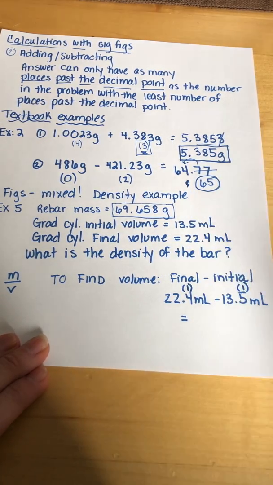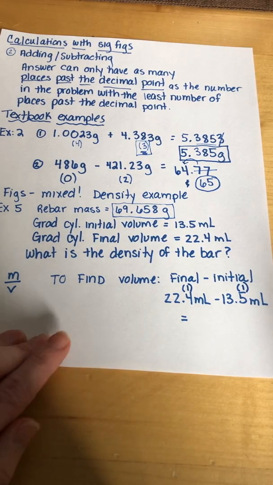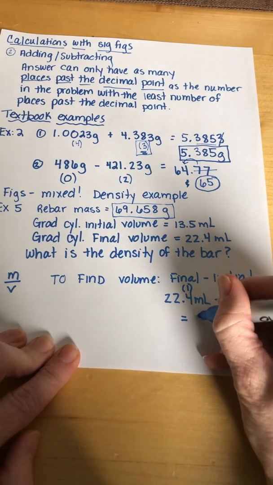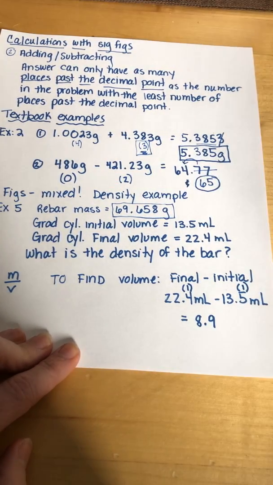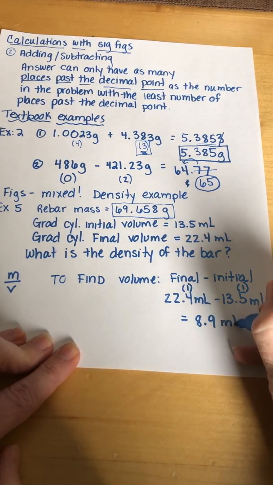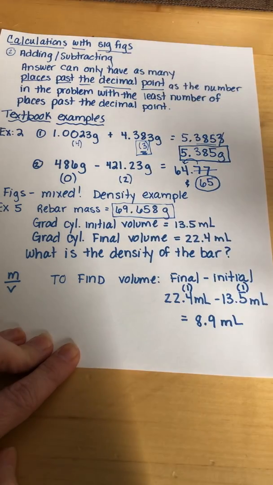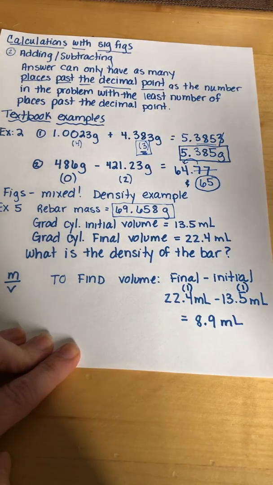This has one place past the decimal point, so my answer can only have one place past the decimal point. What's kind of nice is when you plug this in your calculator, the answer actually ends up having one place past, so there's nothing additional that you have to do. So always follow the significant figure rounding rules for whatever math function you are doing.